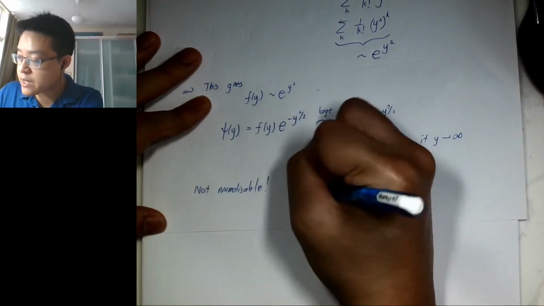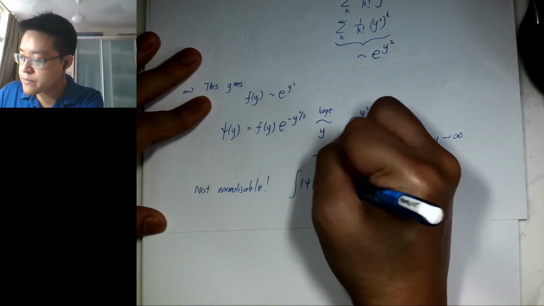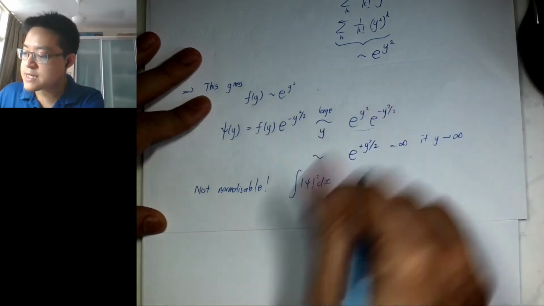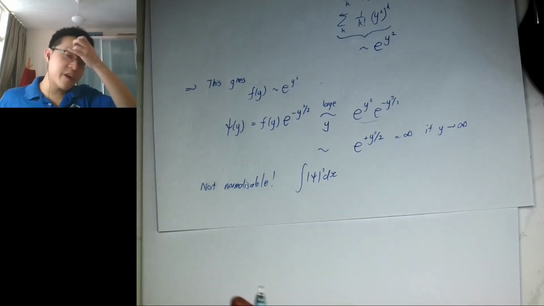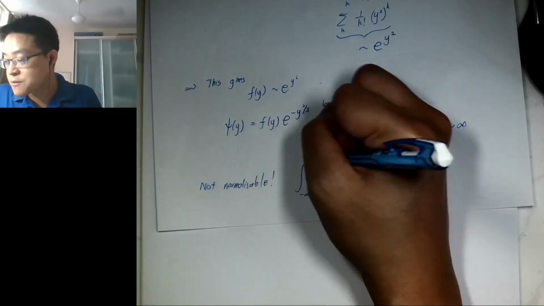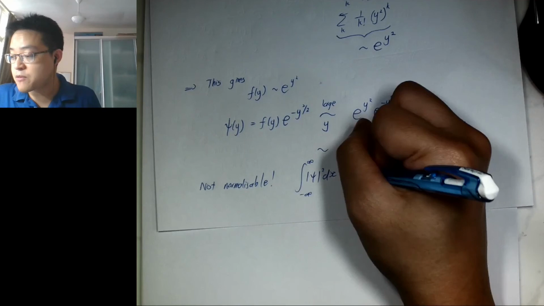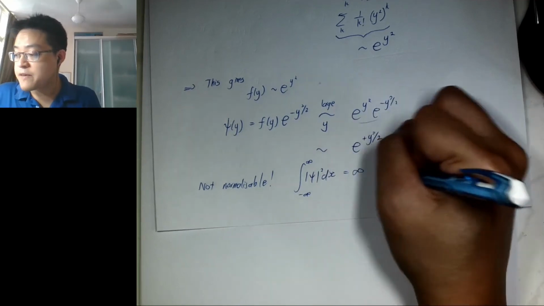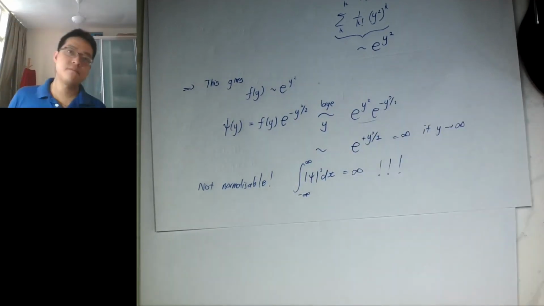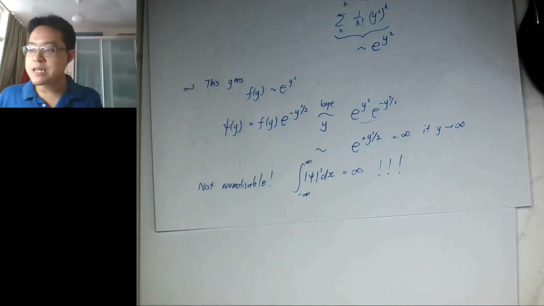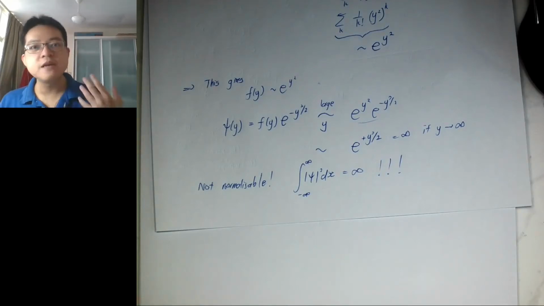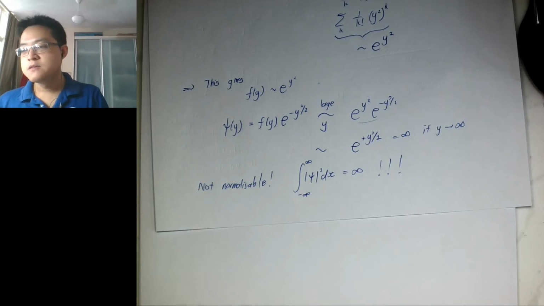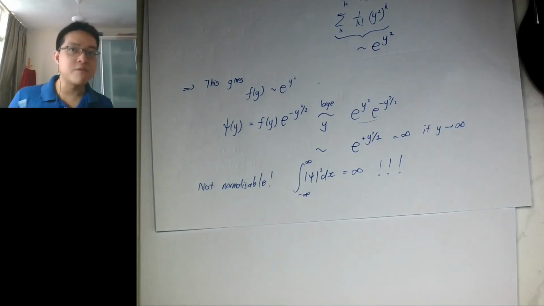Because if we try to integrate from, let's say x, because x you can change to y, it doesn't matter, we are still integrating to infinity, then it's going to be infinity. So there's going to be a problem. We encounter a problem in trying to solve our Schrodinger equation using the power series method.